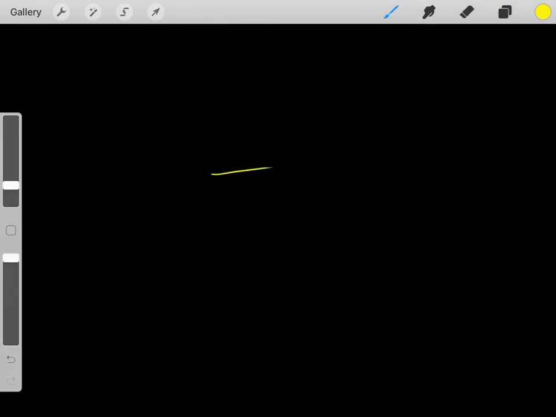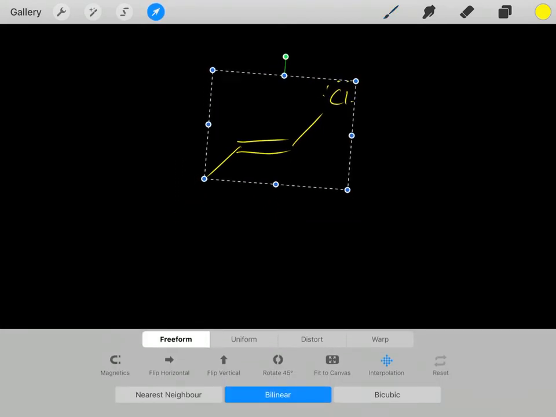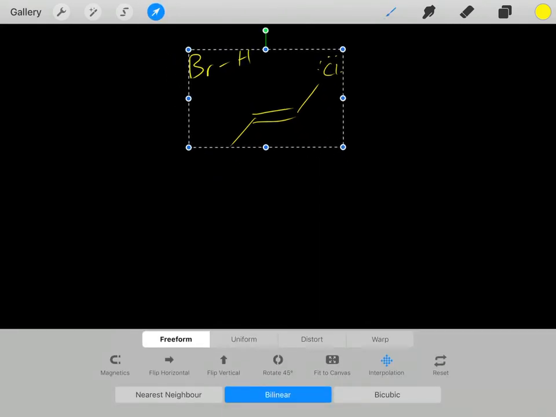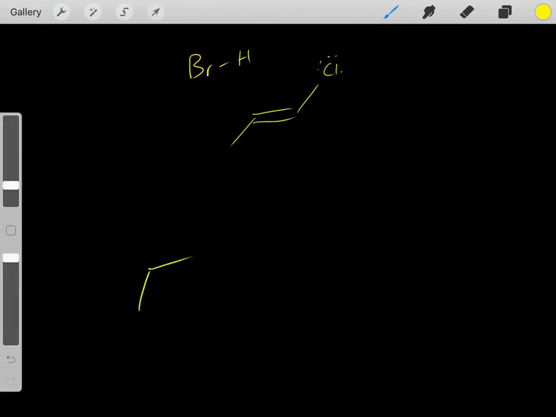So now what if we had this situation? And again, the same thing where we went through that same mechanism. And again, we know there are two pathways we could go. We could form this intermediate, or we could form this intermediate.